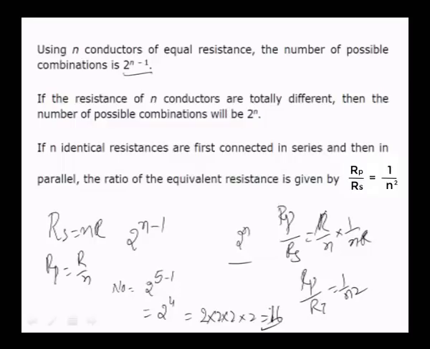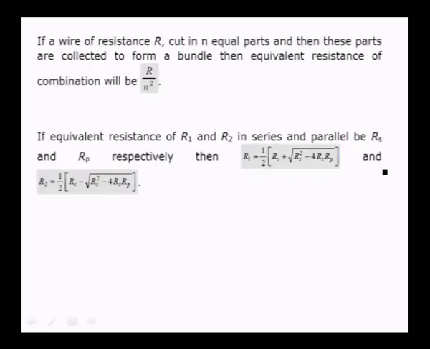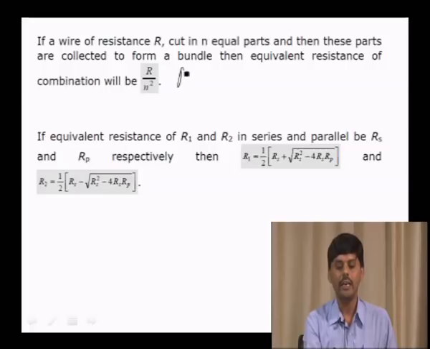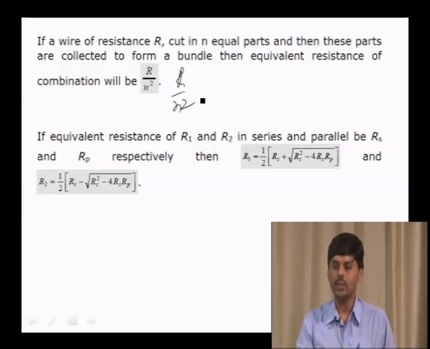In other terms, if a wire of resistance R is cut into n equal parts and then these parts are connected in the form of a bundle, that is, a parallel combination, then the resistance of the combination will be R divided by n square.